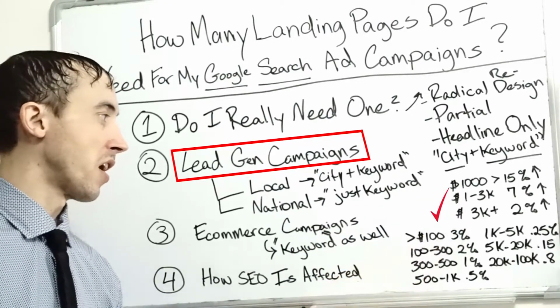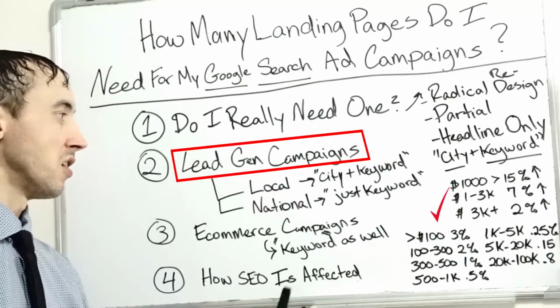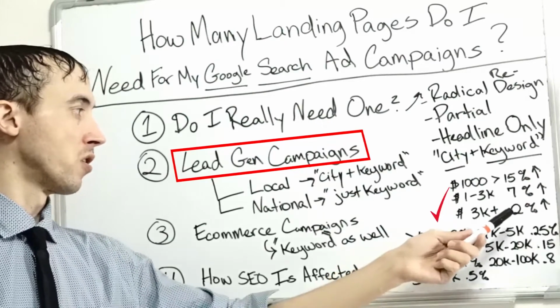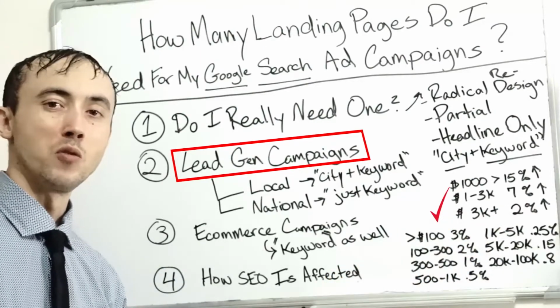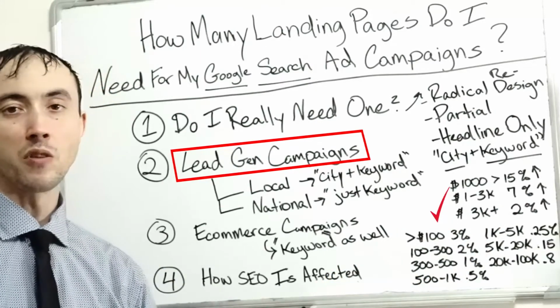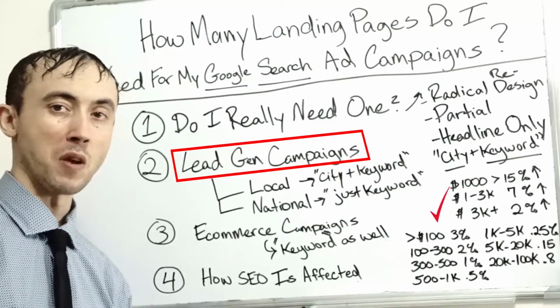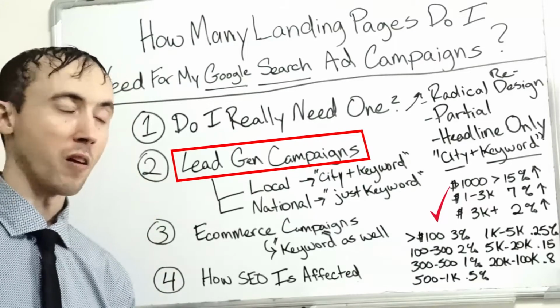And if your product or service is over $3,000, your conversion rate should be at least 2%. If you're not getting that, you know that you're missing the mark, and you're probably going to have trouble making your campaigns make money. That will be a bottleneck for you.